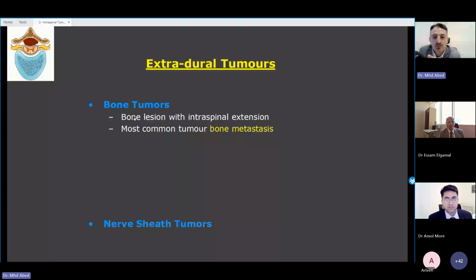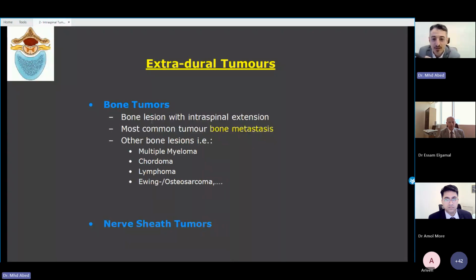So the most common tumor in the extradural space is bone lesion, mostly metastasis with intraspinal extension. There are also other bone lesions which are less common, like multiple myeloma, chordoma, lymphoma.